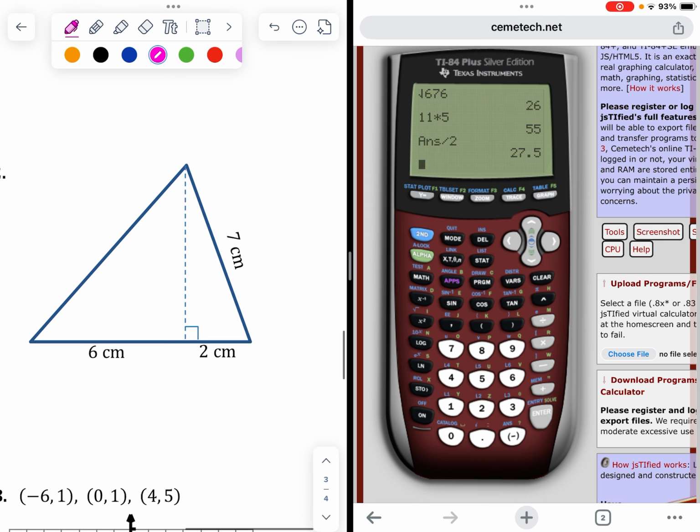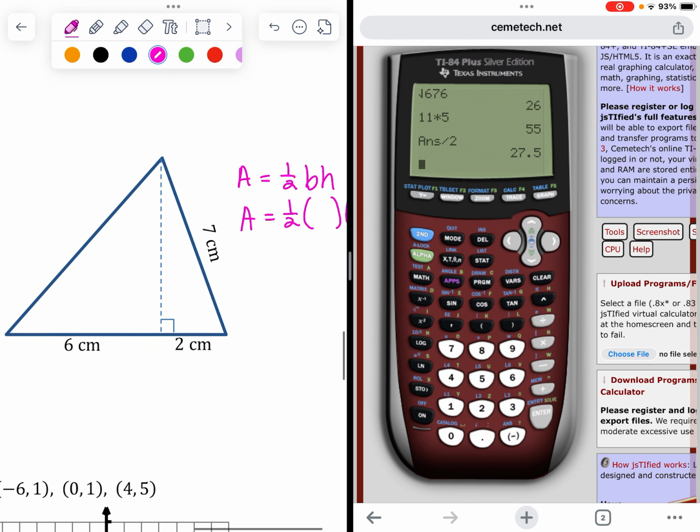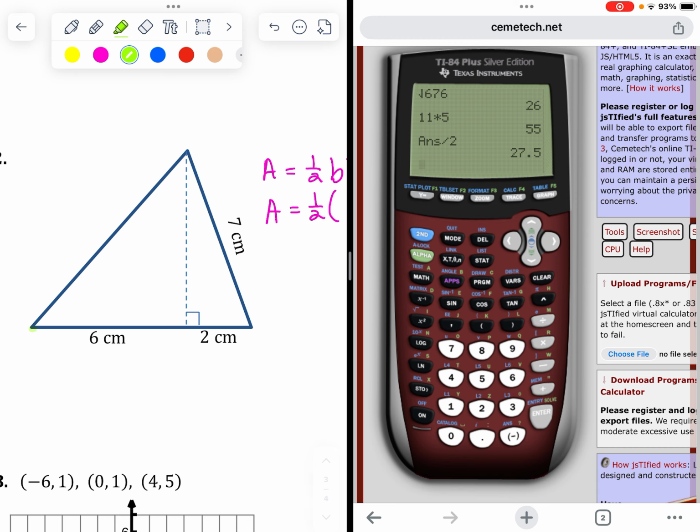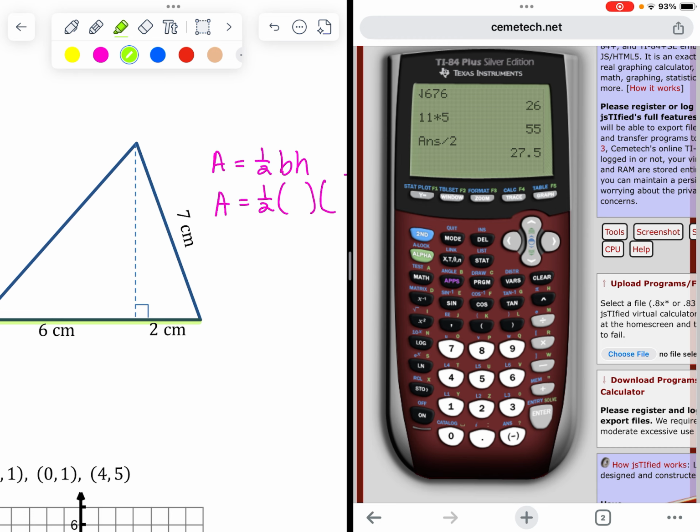Next one right here, one area equals 1/2 base times height. All right, area equals 1/2. I need the base and I need the height. The base is this length right here. 6 plus 2 is 8. And the height is perpendicular to that, which it's not labeled.